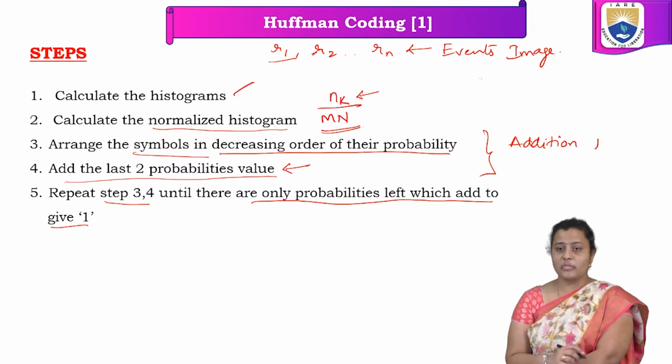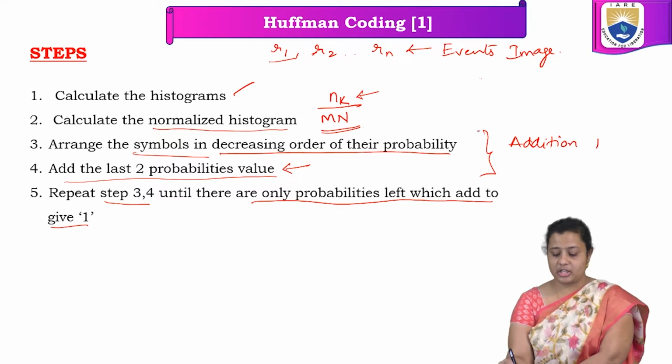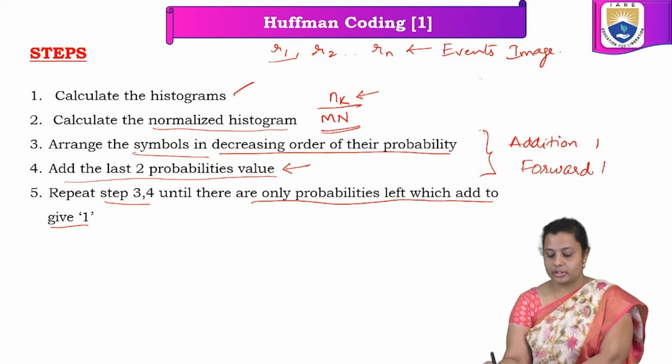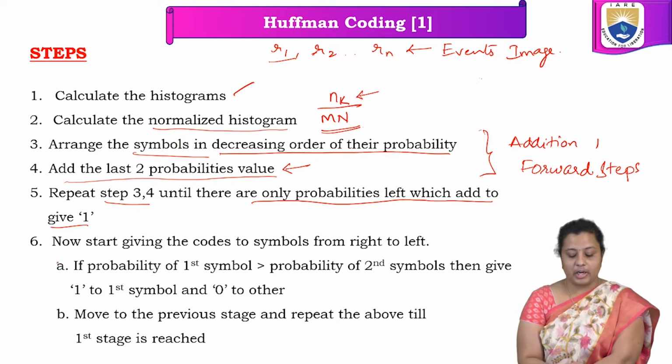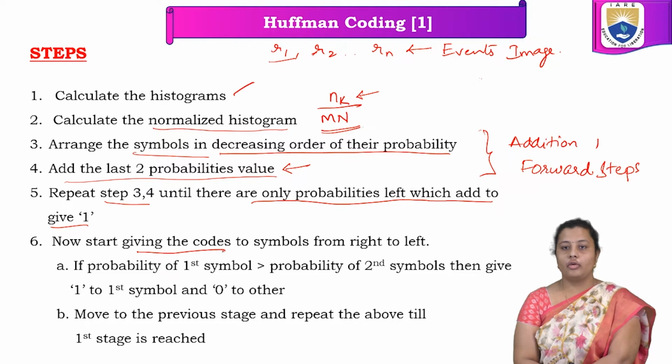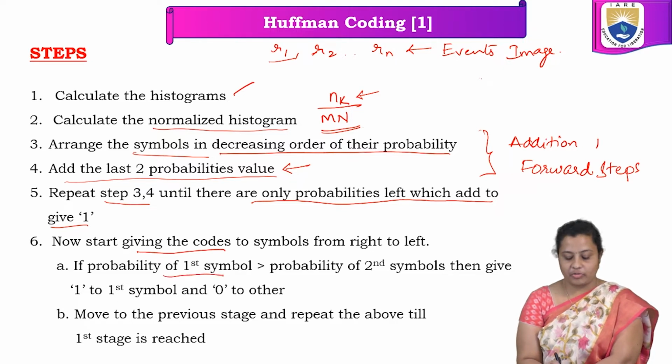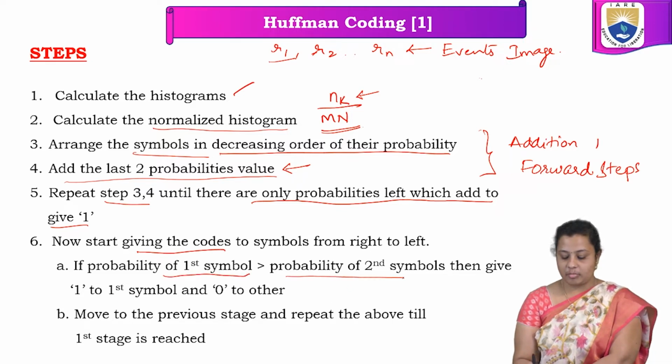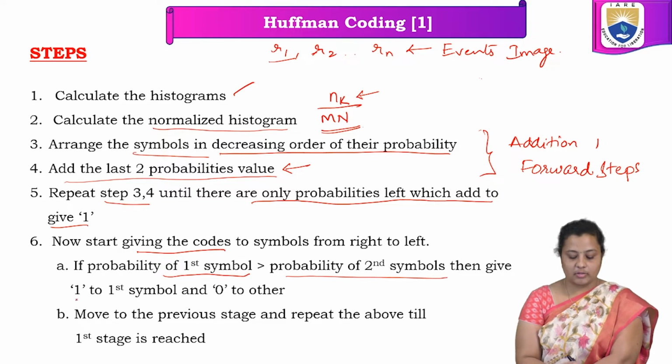These steps 3 and 4 are called the forward steps. Next, we start giving the codes. How do we give them? If the probability of the first symbol is greater than the probability of the second symbol, then we give 1 to the first symbol and 0 to the other.